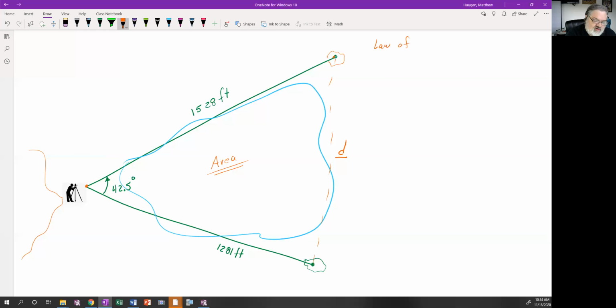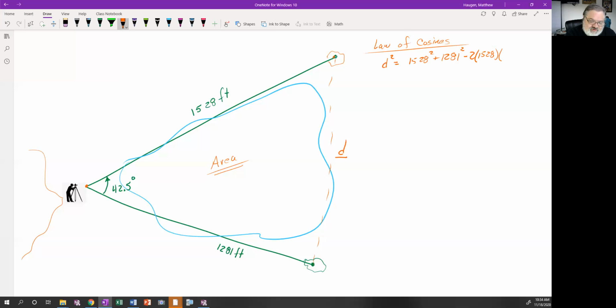So law of cosines says that the square of that length D should be equal to the 1528 squared plus the 1281 squared, like it would be for the Pythagorean theorem, but since it's not a right triangle, we've got to adjust, and that's what law of cosines does.